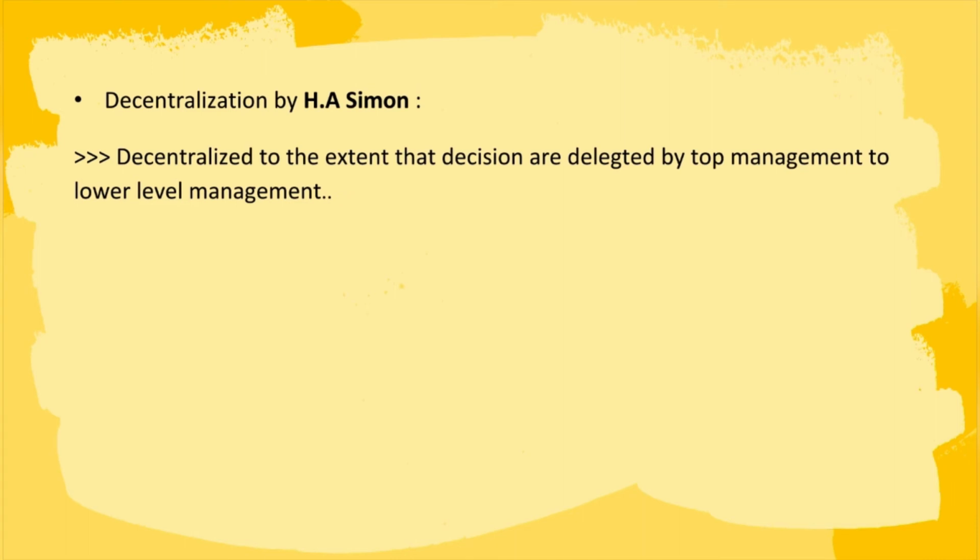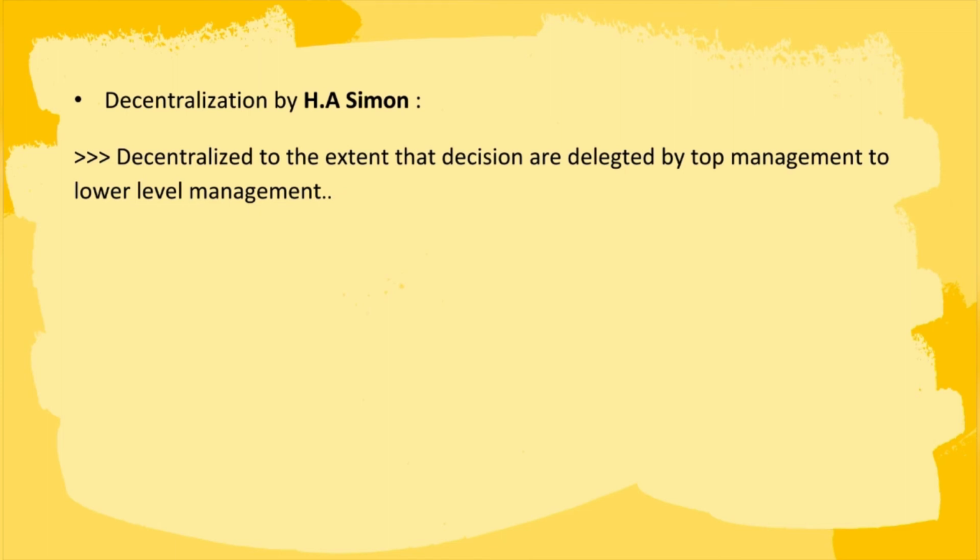An administrative organization is centralized to the extent that decisions are made at a relatively high level in the organization. Decentralization is to the extent that decisions are delegated by top management to lower level management.